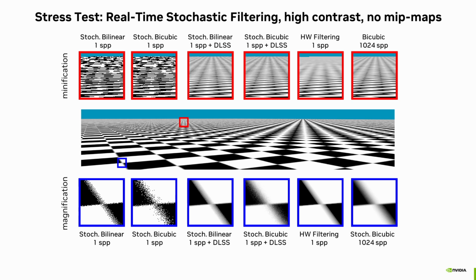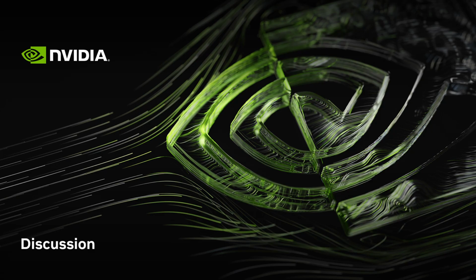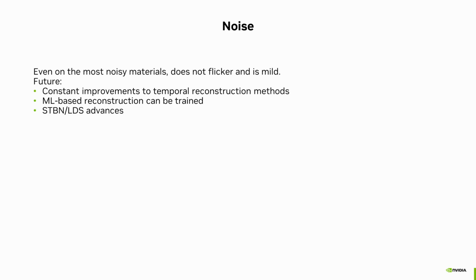We'll now discuss our results and findings and follow with some practical recommendations, starting with the issue of remaining noise. From the practical angle, we believe that this problem is rather small and not very bothering, and it will get smaller and smaller every year thanks to temporal and reconstruction filter improvements.